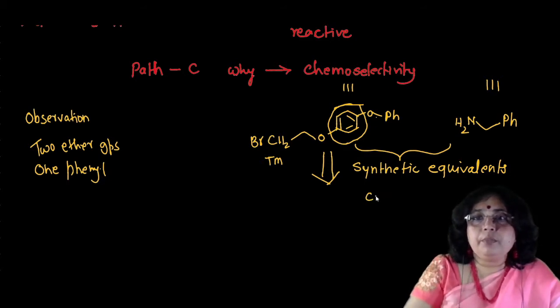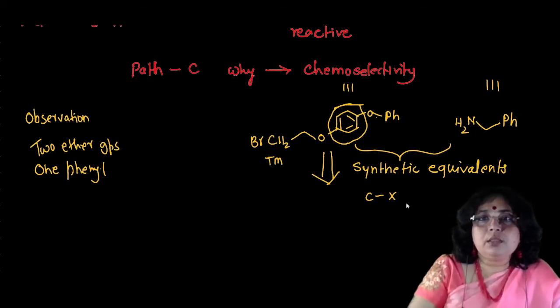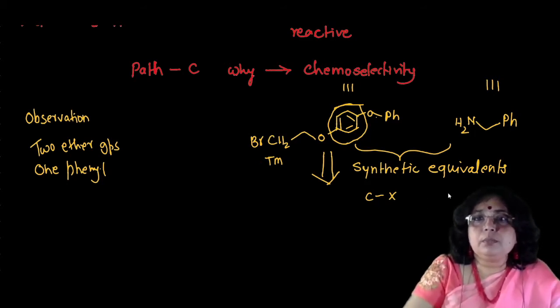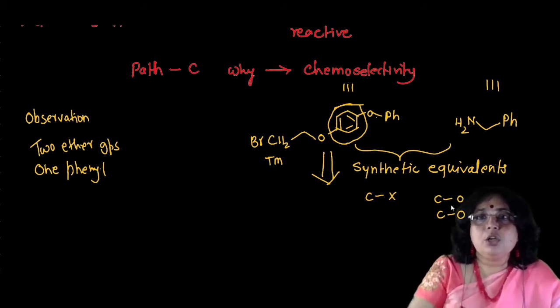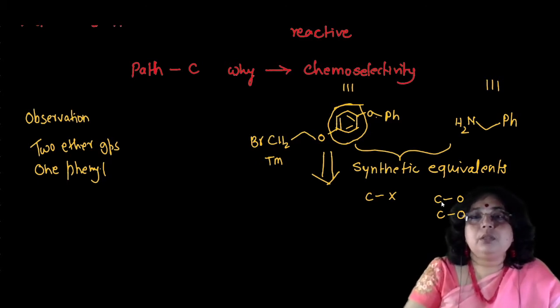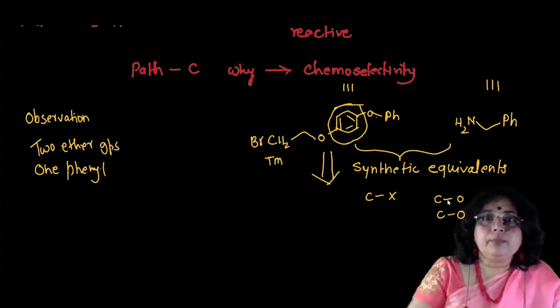Again, I am putting the C-X disconnection over here. Now here the question arises that both the connections are C-O connections. So where do I put the cut over here?